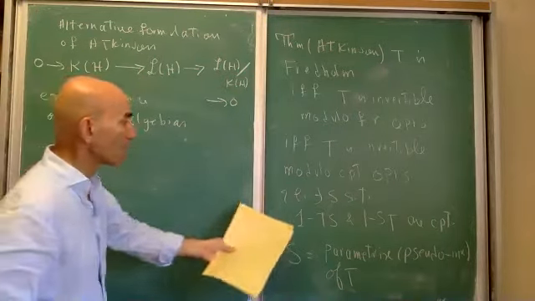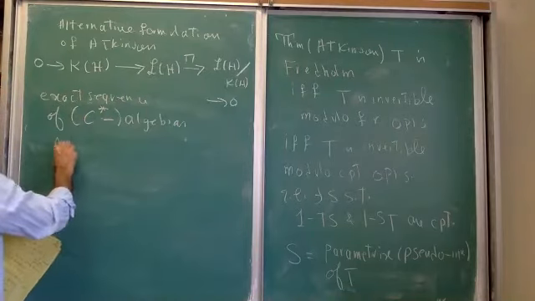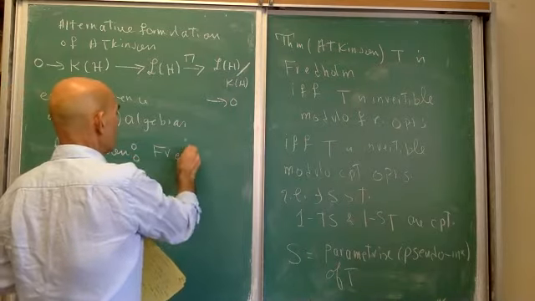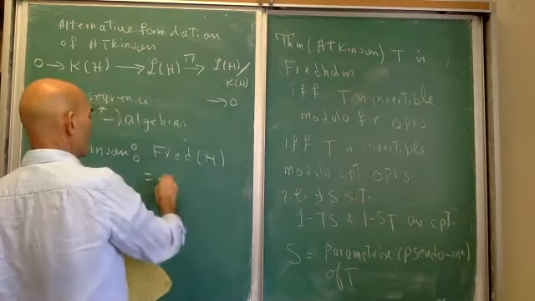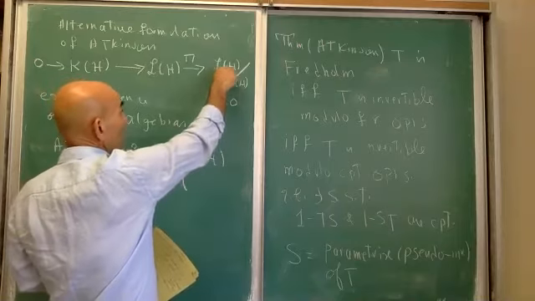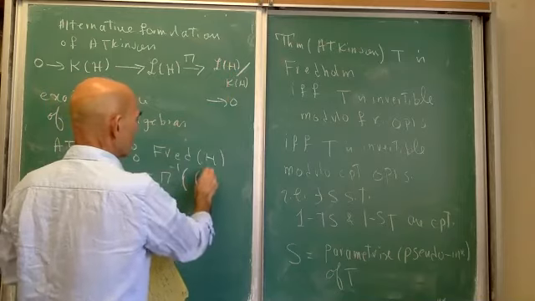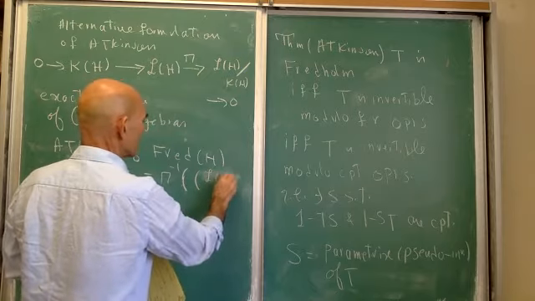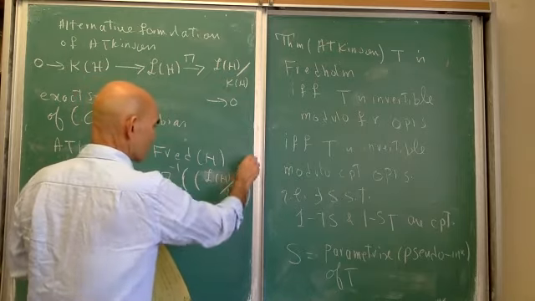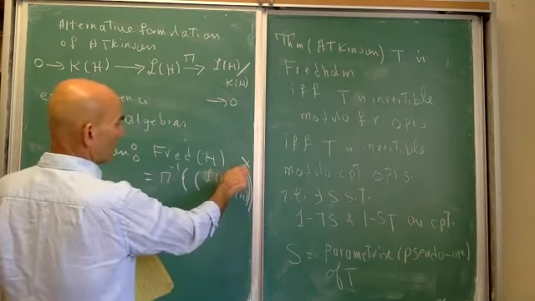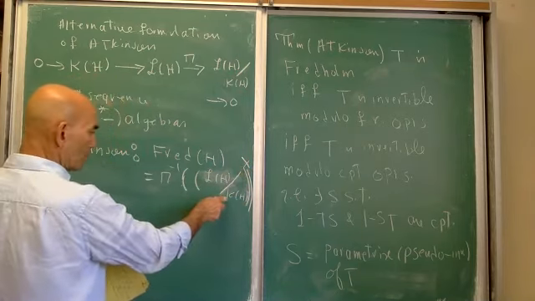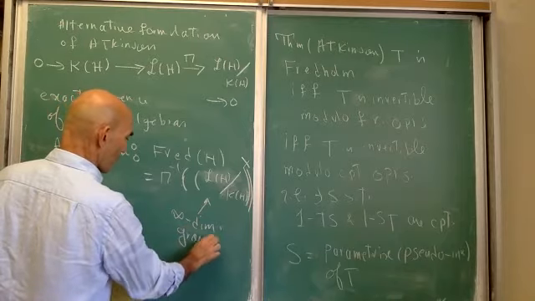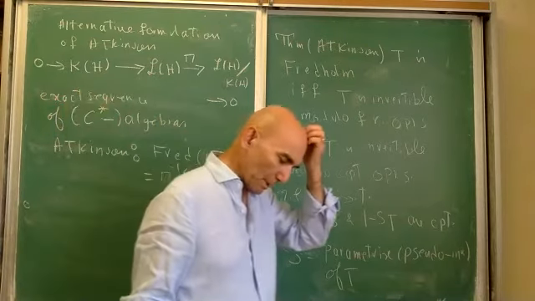So Atkinson really is saying this: let's take pi. The Fredholm operators, Fred of H, are equal to pi inverse of the group of invertible elements of L of H divided by K of H. So this is an infinite dimensional Lie group, a huge infinite dimensional group of invertible elements in a C-star algebra.